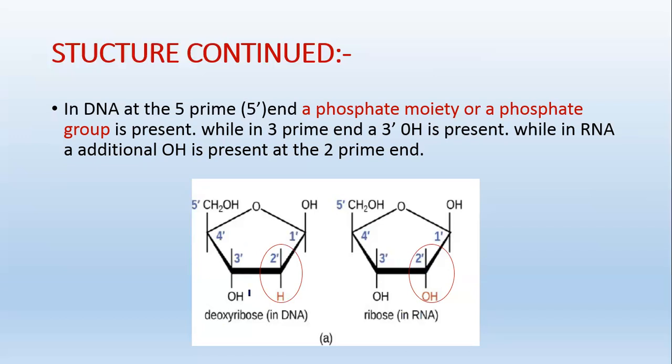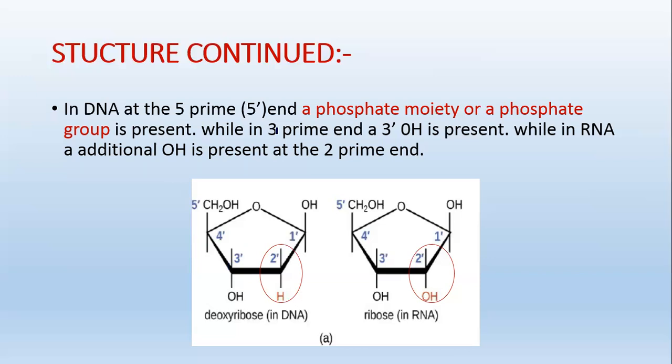So in DNA, the phosphodiester bond, the bond between two nucleotides, is formed between what and what? You can see in DNA at the 5 prime end, a phosphate group is present, while at the 3 prime end, 3 prime OH is present. In RNA, an additional OH is present at the 2 prime end. I have already discussed this.